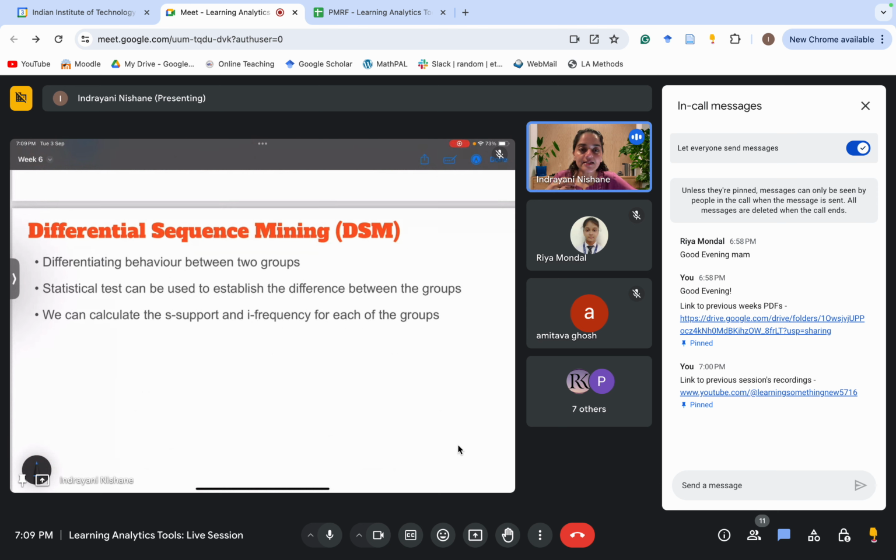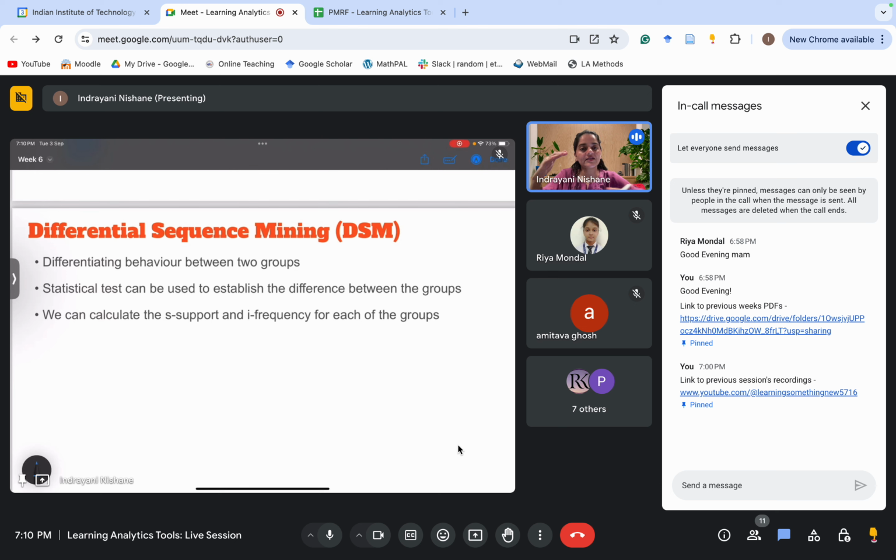In DSM, instead of considering individual students in our sample, we consider groups. When we want to compare the behaviors of groups, the different patterns followed by different groups, at that time we choose DSM, that's differential sequence mining.